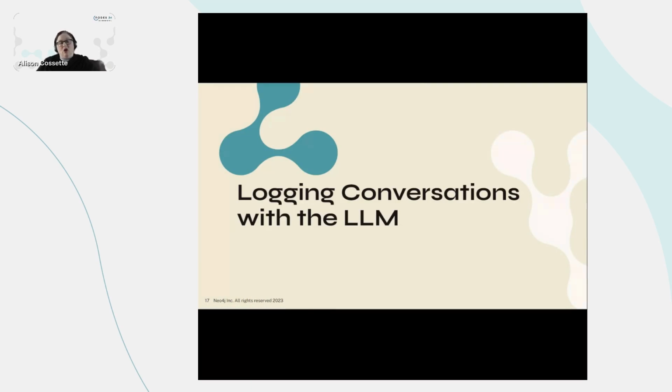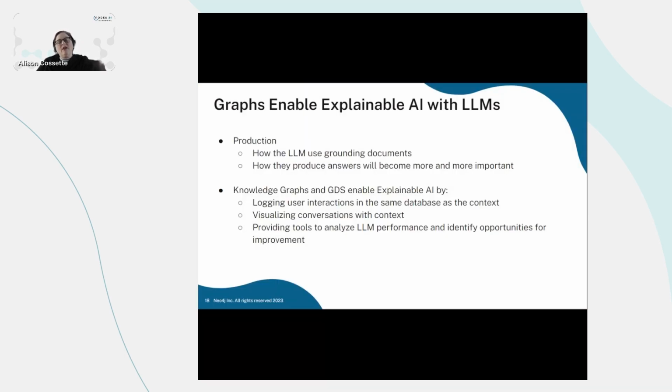The last thing that we're going to talk about is logging conversations within your chatbot. One of the things we need to talk about is how graphs enable explainable AI. As we're working with these elements, you've probably even seen it in ChatGPT: when you ask questions, it gives you an answer and it gives you citations. Where did this information come from?